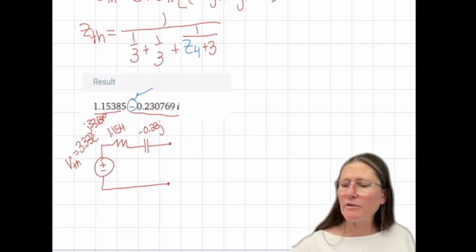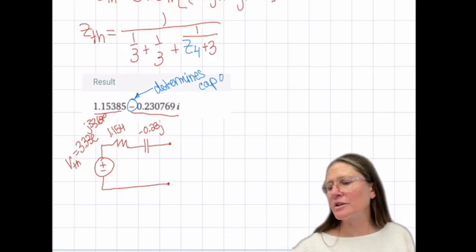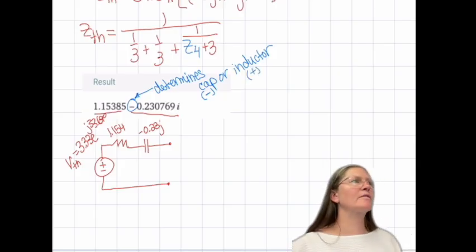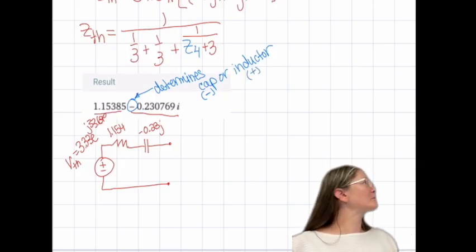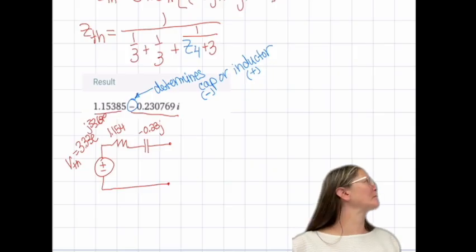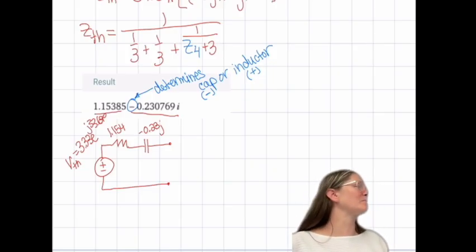The capacitor will always be the negative and the inductor will be the positive. A resistor is the only element that's a real one, so that will always be a resistor if you have a real component. You won't have a resistance if that ends up being 0.